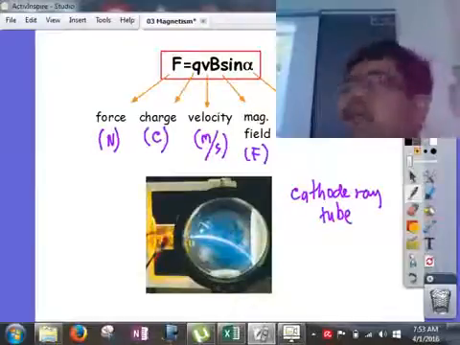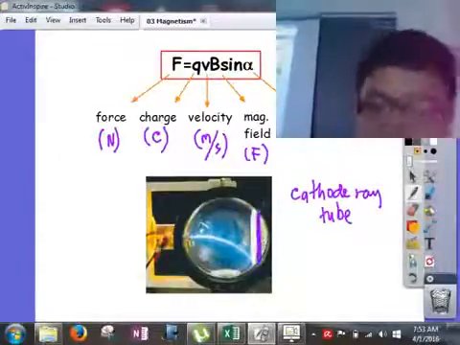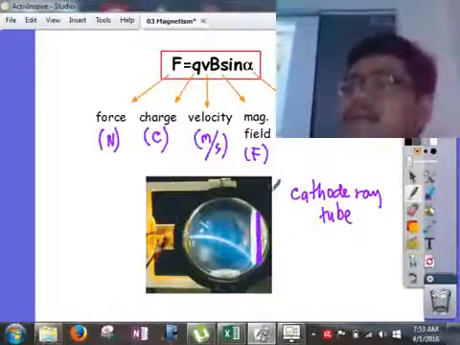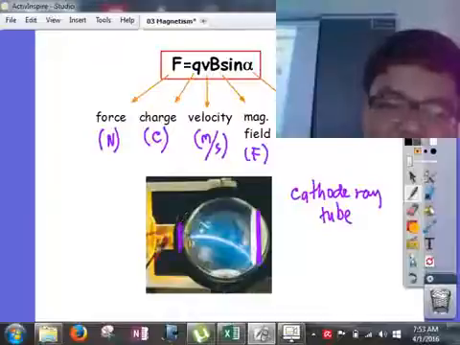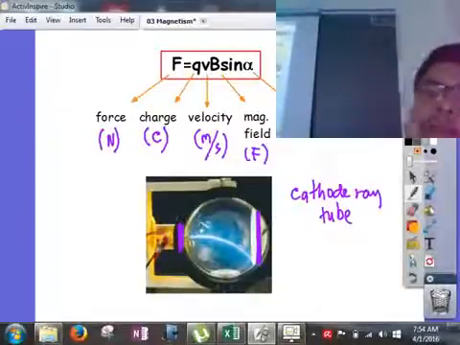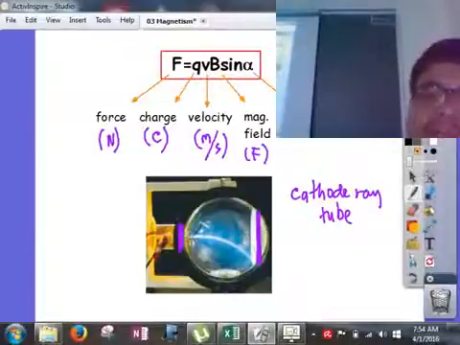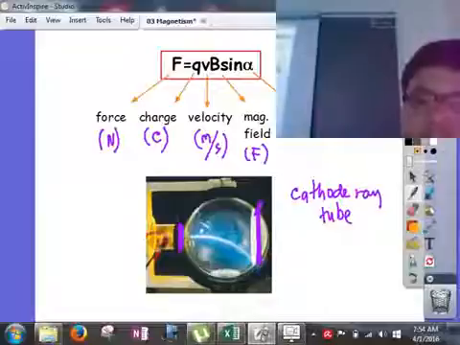No, not fish eye. This is the layar, the monitor of the TV, and back of the TV there is a cathode ray tube, and this ray is being deflected.